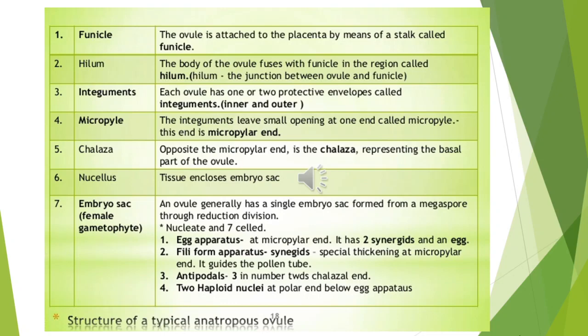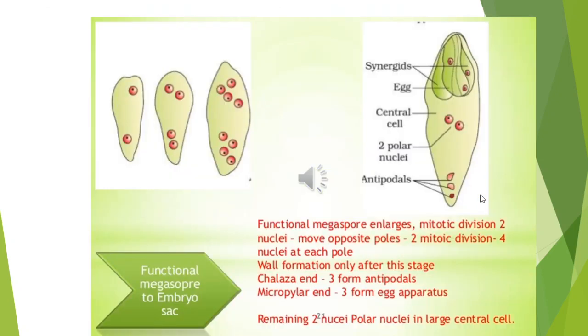Now, what is the embryo sac? The female gametophyte. In continuation, the functional megaspore undergoes mitotic divisions, and the embryo sac, the female gametophyte, is formed. On the right side we can see the diagram, in which on the upper side there are 2 synergids and 1 egg.